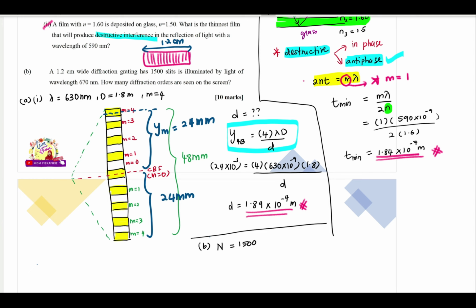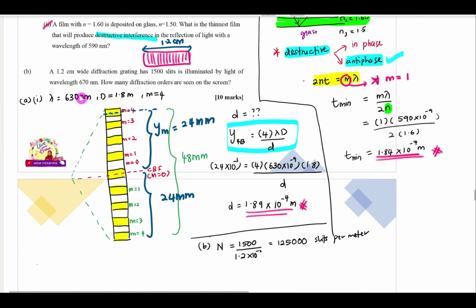Means that 1,500 lines per berapa sentimeter? 1.2 times 10 power of negative 2. Saya tukar kepada meter terus. Okay, so the number of slits per meter yang saya dapat adalah 125,000 slits per meter. Kan? Slits per meter.